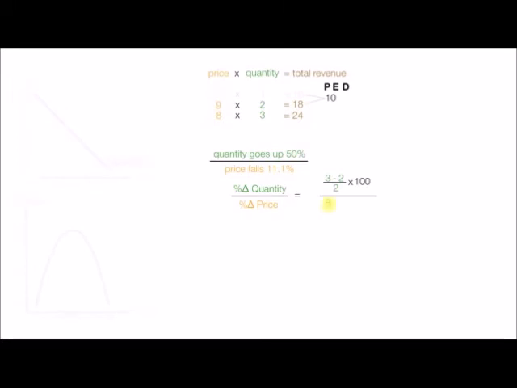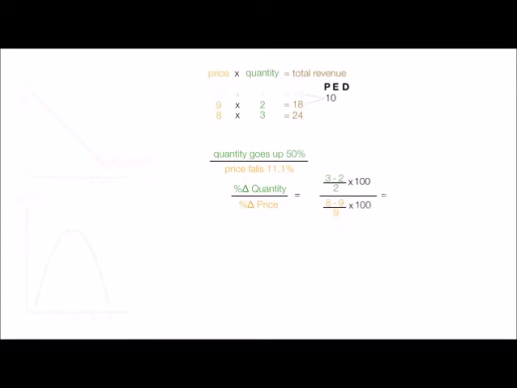So we take 8, which is the new price, minus 9, which is the old price, divided by the old price, which is 9, times 100.